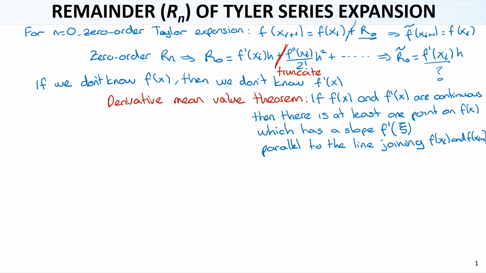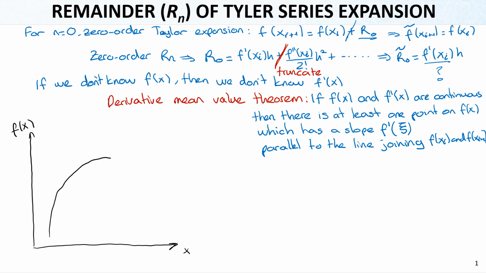On the left hand side, I will plot a graph of a hypothetical function over here. Let's make it better, like this. This is f(x) and this is x values, and let's say this is our function, like this. It's just a smooth curve, and so assume that we have an xi value here.